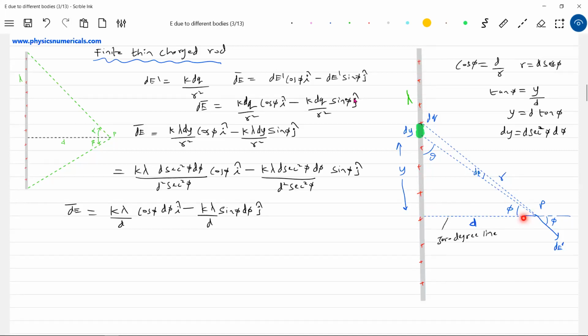Then how do I get the field strength due to the lower part? I should rotate this angle in the opposite sense. If I rotate in this sense, it will be positive, no? The field due to the lower part will come when you rotate phi from 0 to minus beta. Look at alpha and beta, they are measured in opposite senses. I'll take clockwise as positive and counterclockwise as negative.